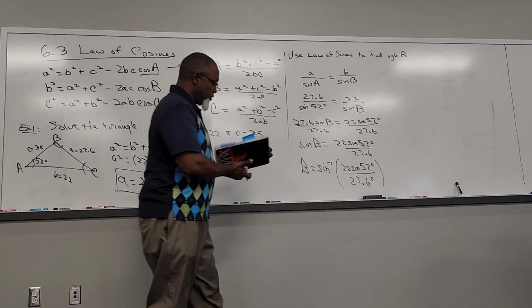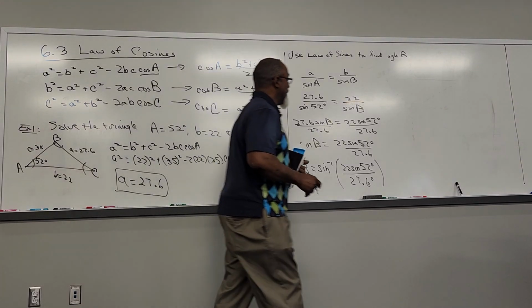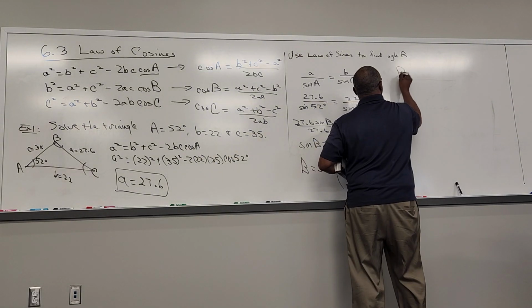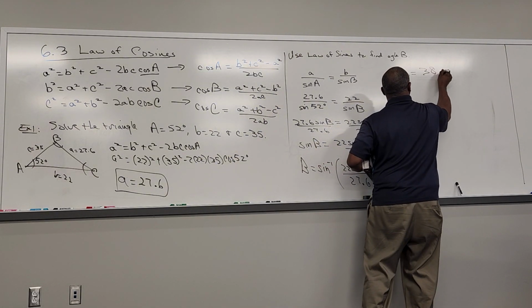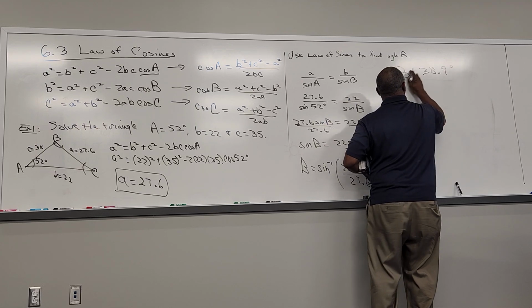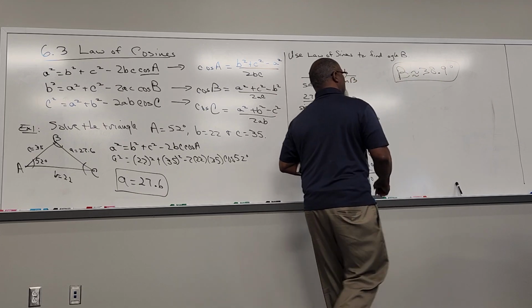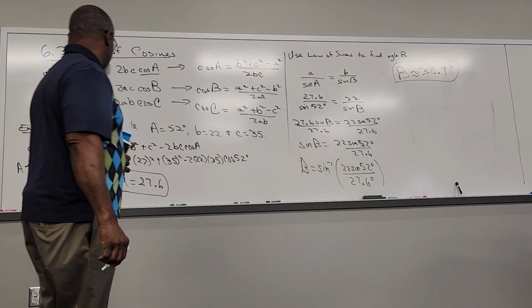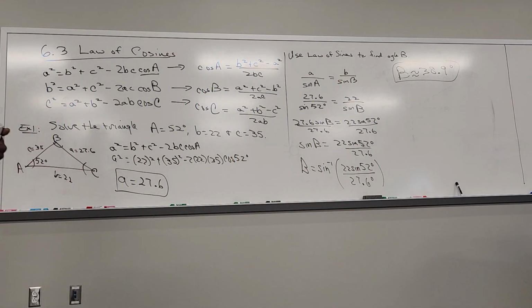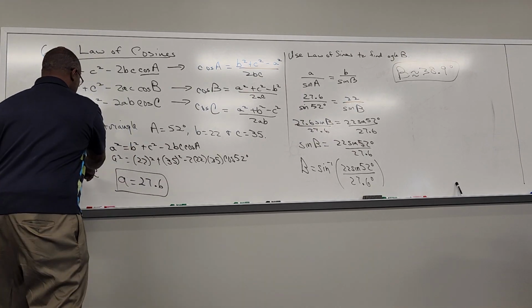If you do that, you should get that angle B is 38.9 degrees. And we're rounding, so I'll say approximately 38.9 degrees.